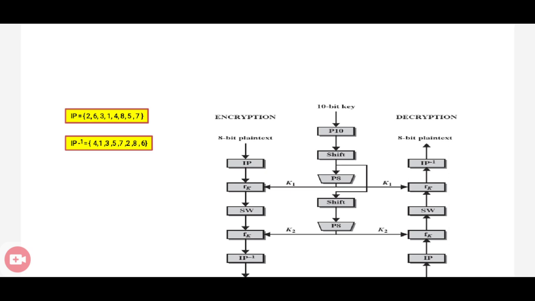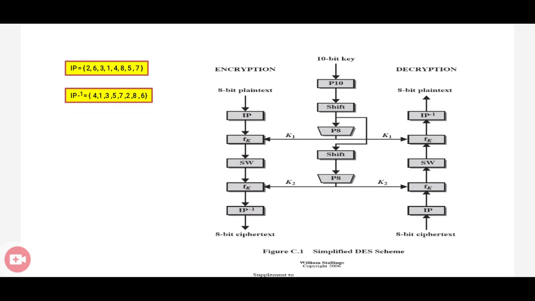First you can see encryption. We take the 8-bit plain text. First we have to permute that plain text. What is permutation? Permutation means transposition. What is transposition? Rearranging of bits. So first we apply IP, the initial permutation.